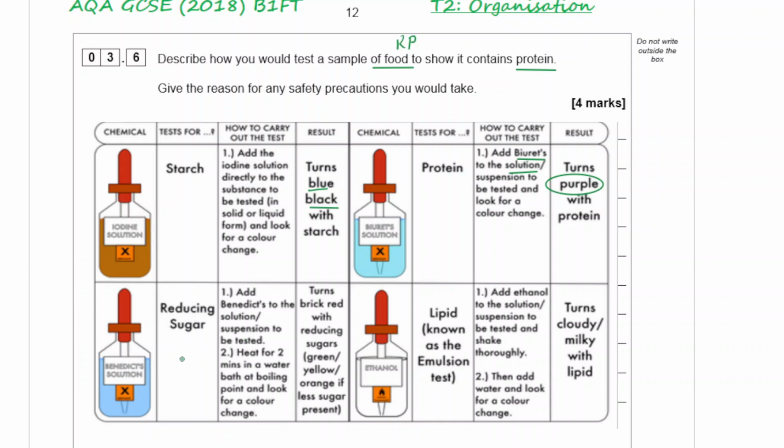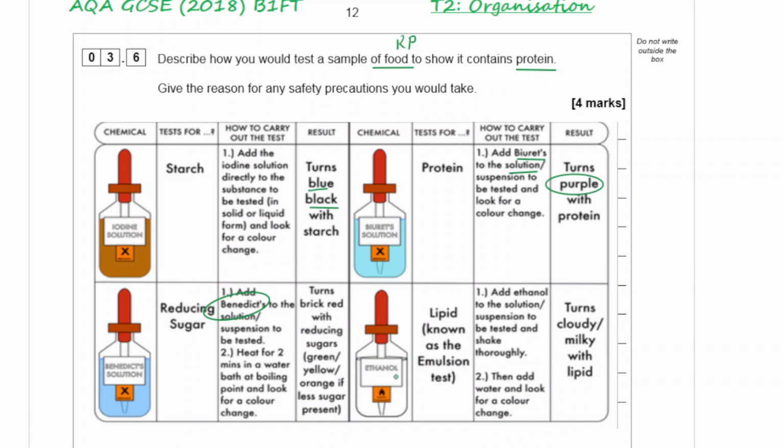For reducing sugar, like glucose, you would add what is called Benedict's solution, and then you would heat it in a water bath for a couple of minutes, and it will change from this blue solution into yellow, orange, or brick red. The more glucose there is, the more red it becomes.